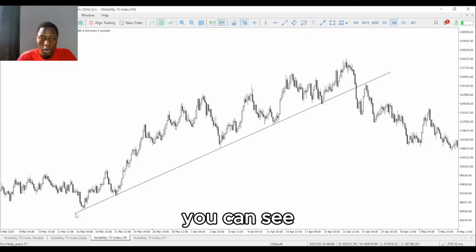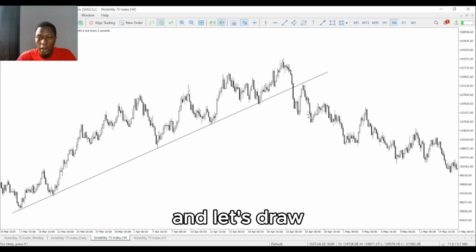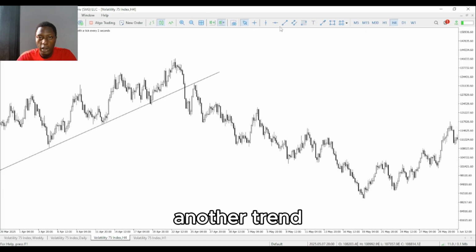You can see this is how a proper trend line is drawn without confusion. You can see the levels are being respected. This is the first, second, third, fourth, fifth touch, and the sixth one broke out. You understand? And let's draw another trend line here on this downtrend.